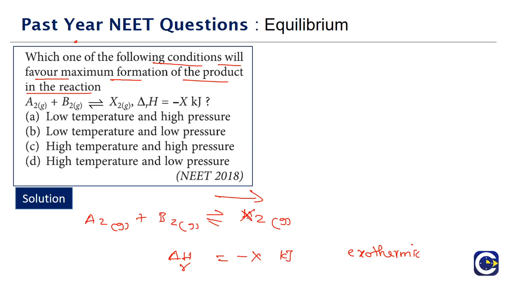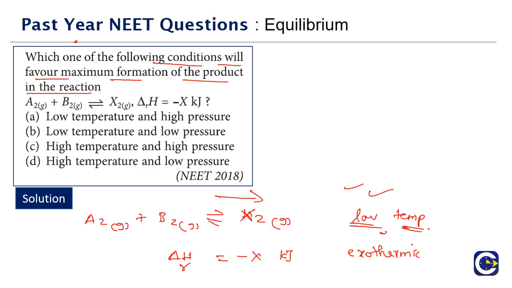For exothermic reactions, what are the conditions favorable for product formation? It is low temperature, because for exothermic reactions, high temperature means the reaction goes backward. Low temperature means the reaction will be going in the forward direction. So in terms of temperature, the preferred condition is low temperature.